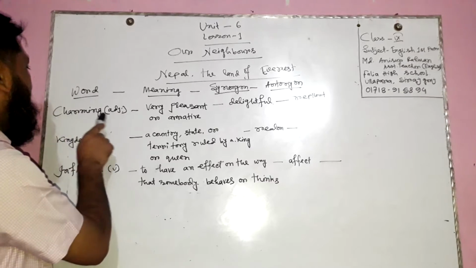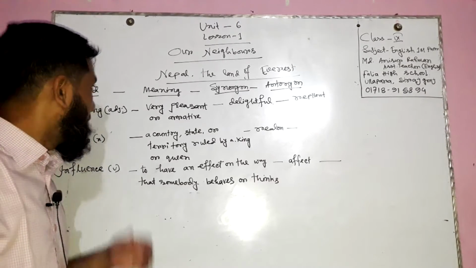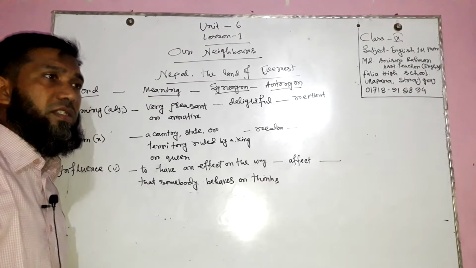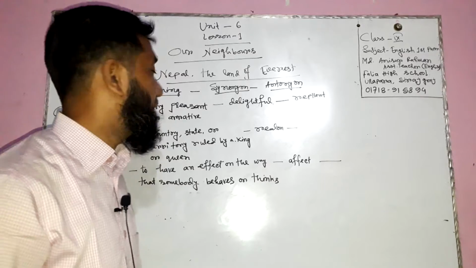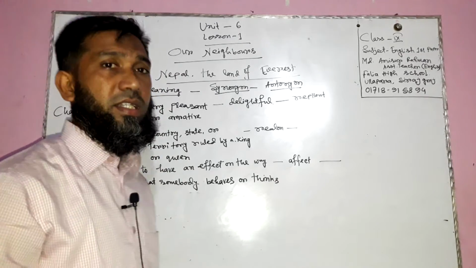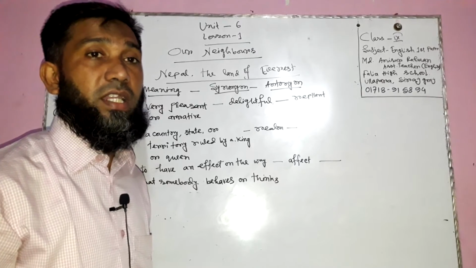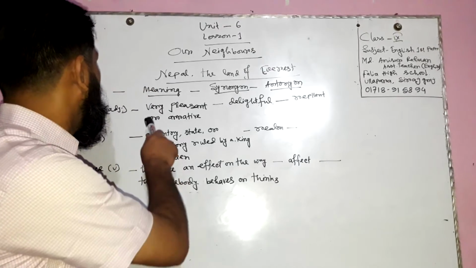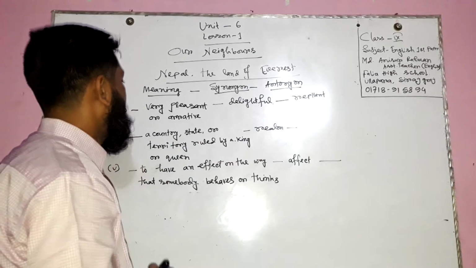Here is charming. It's an adjective. Charming is an adjective, which is a modifier that modifies any noun or pronoun in a sentence. The characteristic of an adjective is to modify any noun or pronoun, and the meaning of charming is very pleasant or attractive.